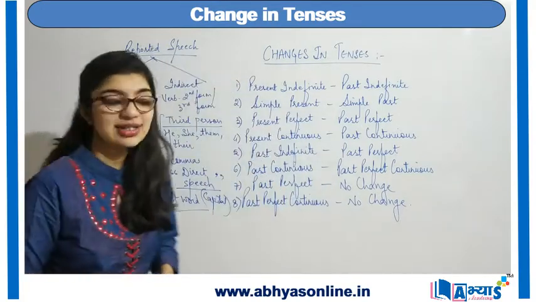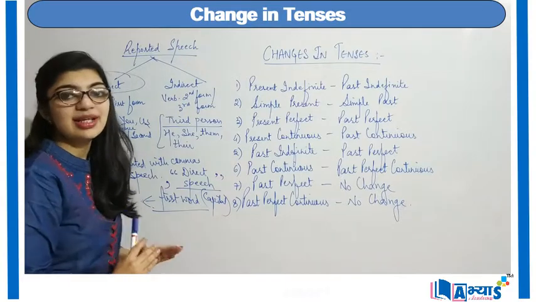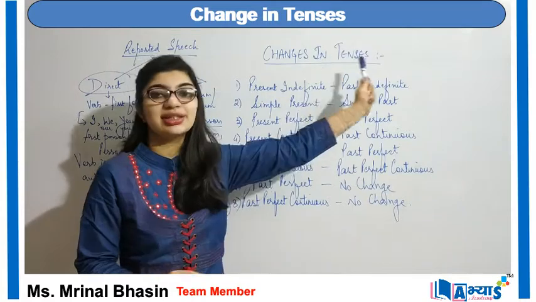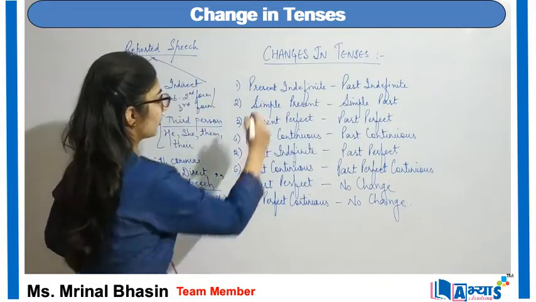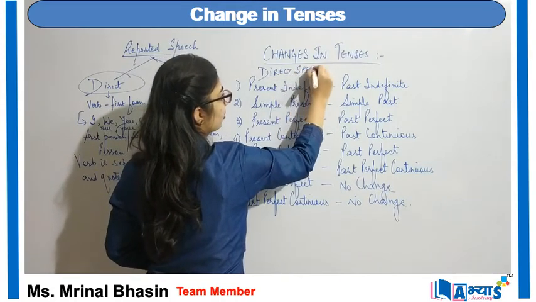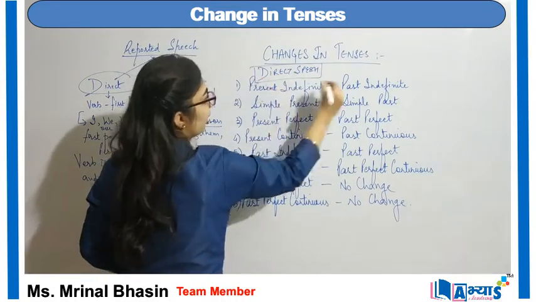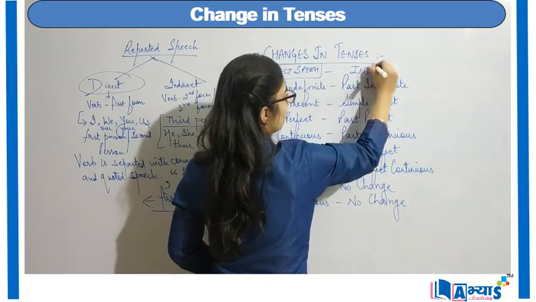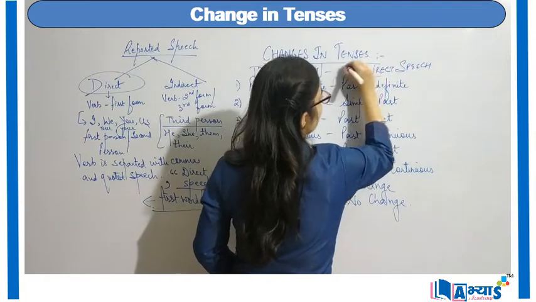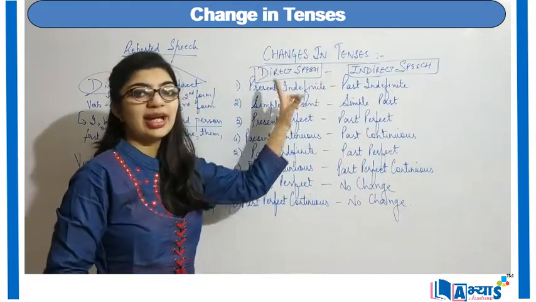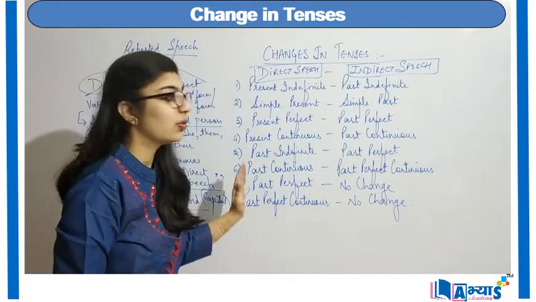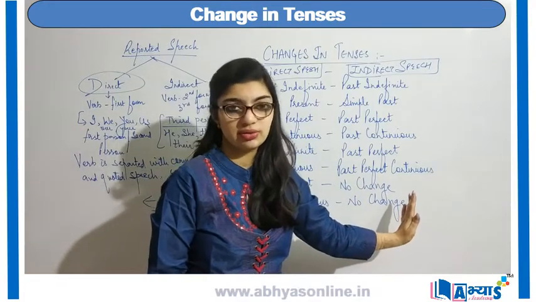So before understanding this, first let us consider some important points, that is changes in tenses. Now, for conversion of direct speech into indirect speech, whenever we want to convert direct speech into indirect speech, there are certain tenses which will change while conversion, right?